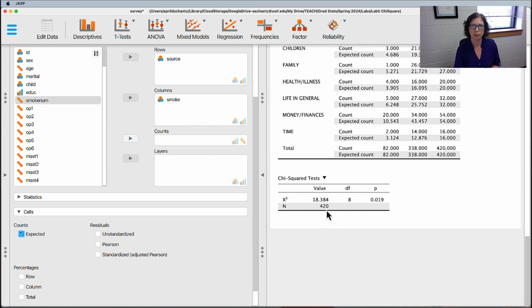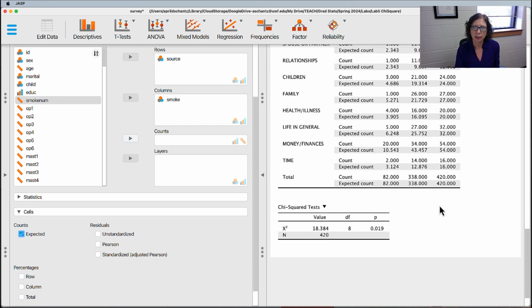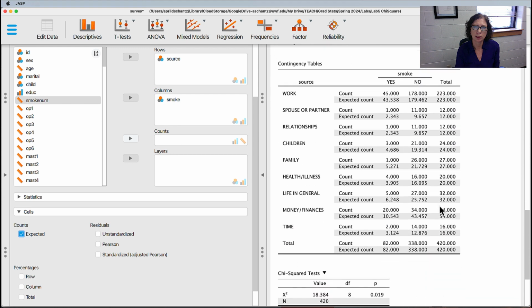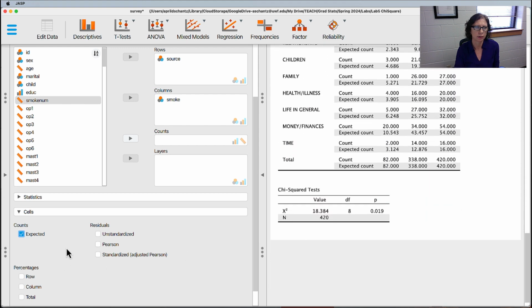And we also have our sample size, which is good because with some missing values, we would want to know how many are actually in the chi-square test, 420. So we still need our effect size here.